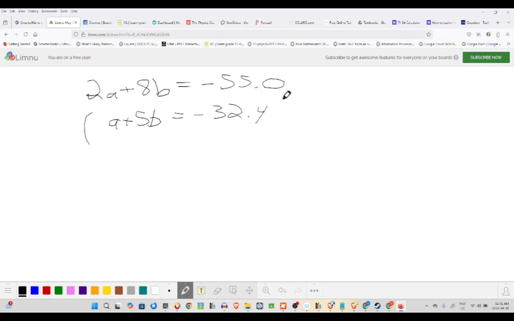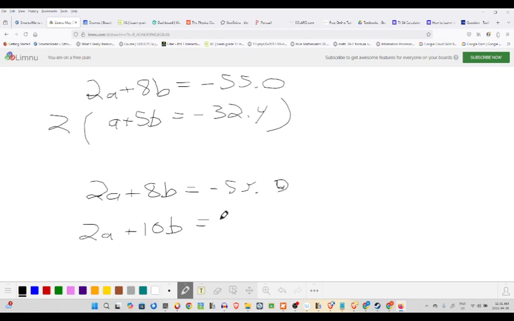So for elimination, I'm going to multiply this whole thing by 2. Then we have 2A plus 8B is negative 55.0. And down below, we have 2A plus 10B is a negative 64.8.